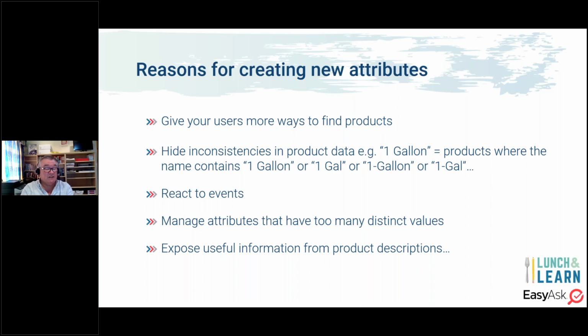And obviously, nobody would have thought that they would have needed a COVID attribute when their system was designed or when they were building the storefront system, unless, of course, they were doing it in the last year. So being able to react to events is really important.